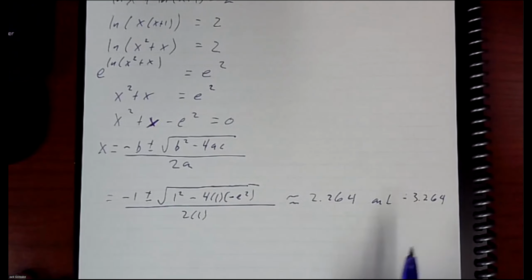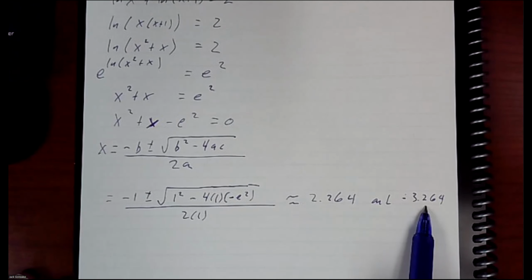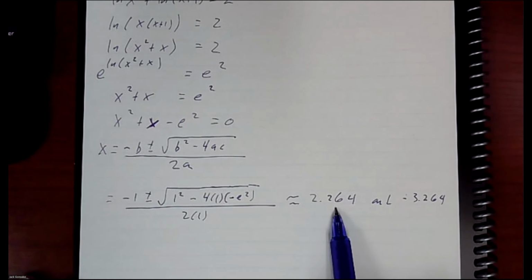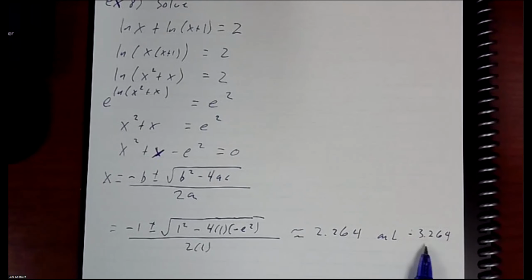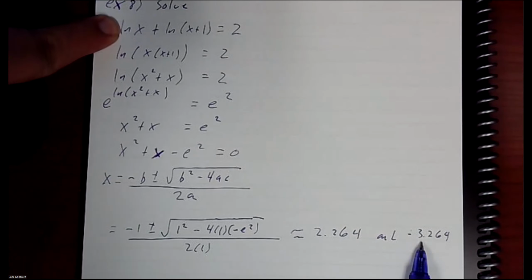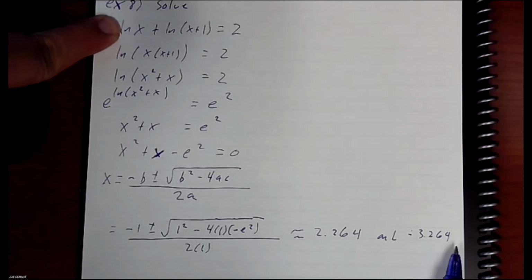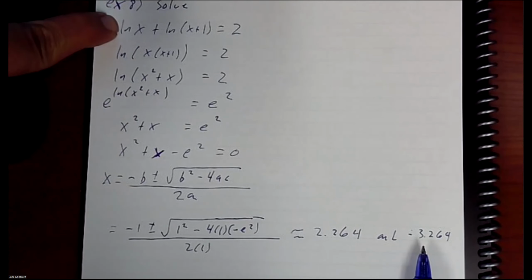Okay. Do you see which one works? Yeah, remember I told you you have to test them for logarithms. This should be ruled out right away because you cannot plug it into this ln here. Plugging in negative 3.264 would be outside the domain.